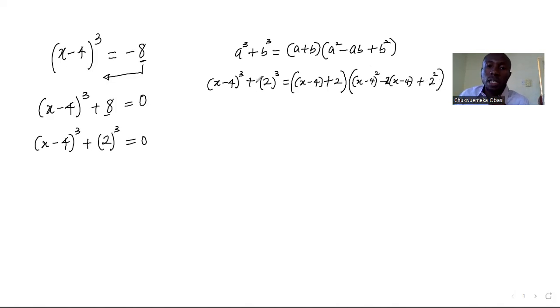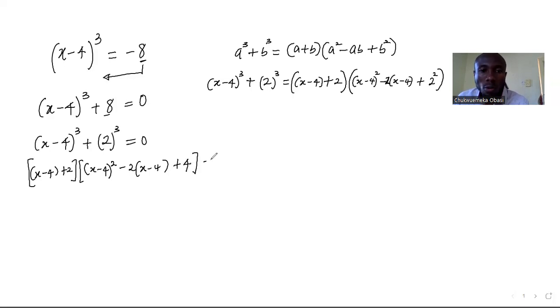All right, so you see we've successfully expanded all of these, and so I can take them back to this point. So I have (x - 4)^3, sorry, so that will be (x - 4 + 2), then we have (x - 4)^2 - 2(x - 4) + 2^2, which is the same as 4, equal to 0.